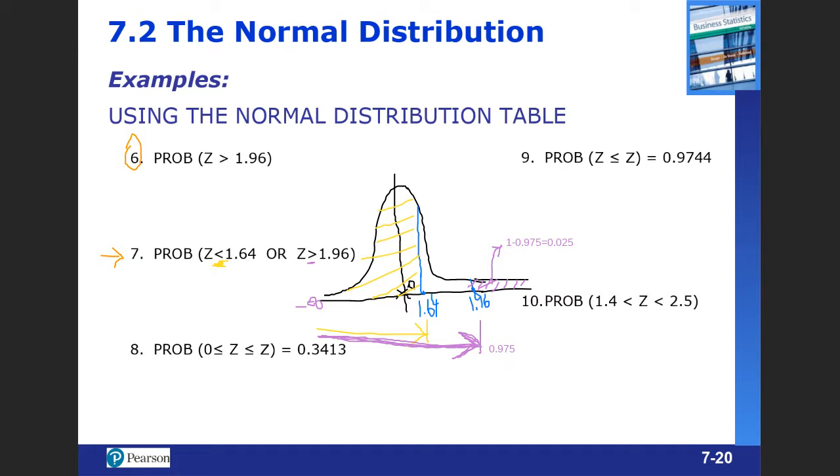Then when you look up z equals 1.64 in the table, you should get 0.9495. Now we have the yellow area and the purple area. That's the last step: add. And if I add it, Veronica, what do you get as an answer?